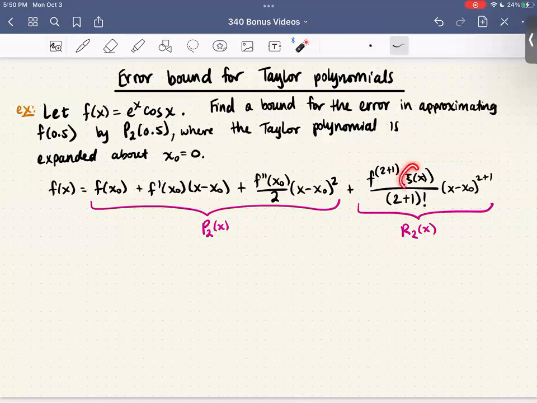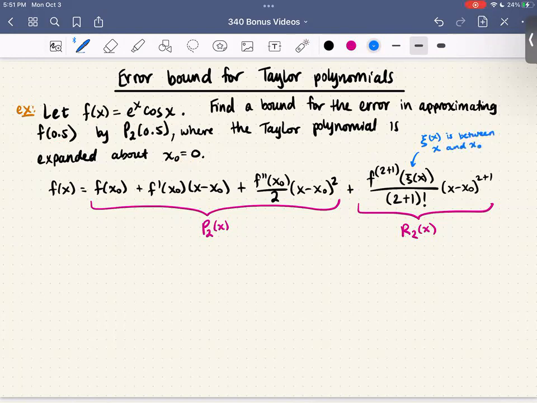Now, the issue is that we don't know what this value c is. All we know is it's between where we expand the Taylor polynomial about and where we evaluate it. So all we know is that c of x is between x and x sub 0.